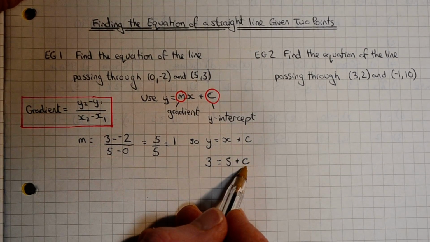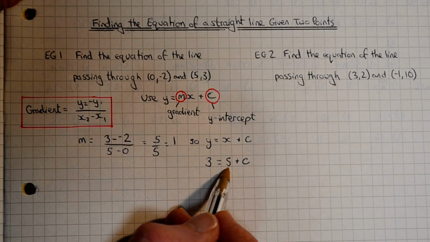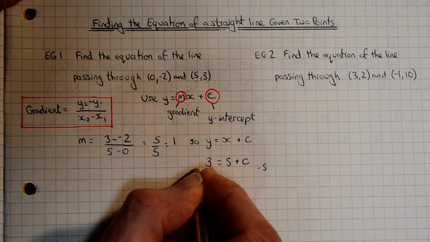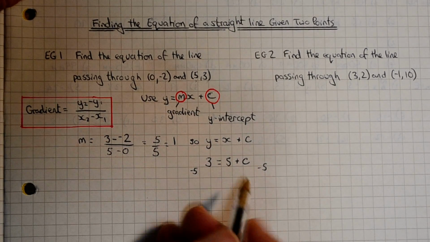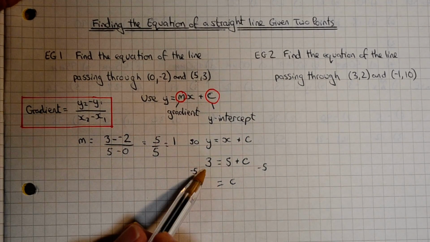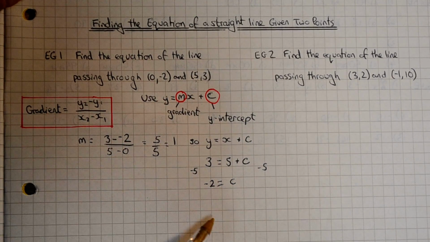We want c on its own, so we're going to need to get rid of this 5. We're going to take away 5 from both sides. So if we take away the 5 there, we're just left with c. And if we take away 5 from 3, we've got minus 2. So c is minus 2.